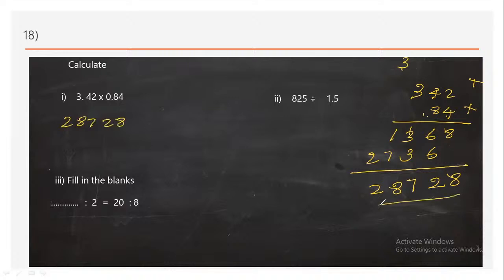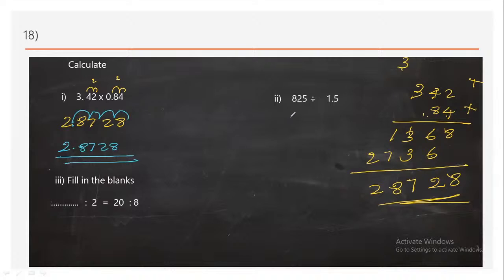So now you have to check how many decimal places. Here 2, here 2, 4 decimal places altogether. Now start to separate the decimal places from here: 1, 2, 3, 4. You can keep the decimal in between 2 and 8. Answer is 2.8728.